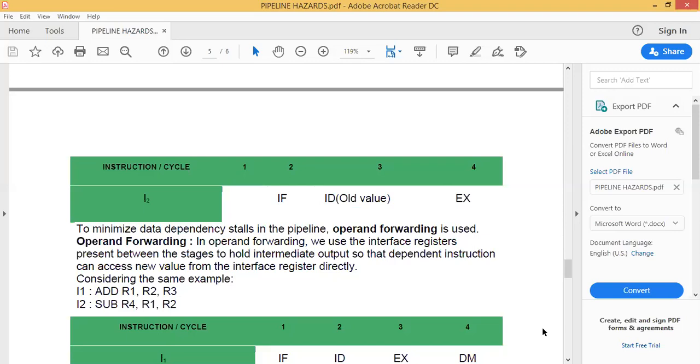To minimize data dependency stalls in the pipeline, operand forwarding is used. In operand forwarding, we use interface registers between the stages to hold intermediate output so that the dependent instruction can access the new value from the interface register directly.